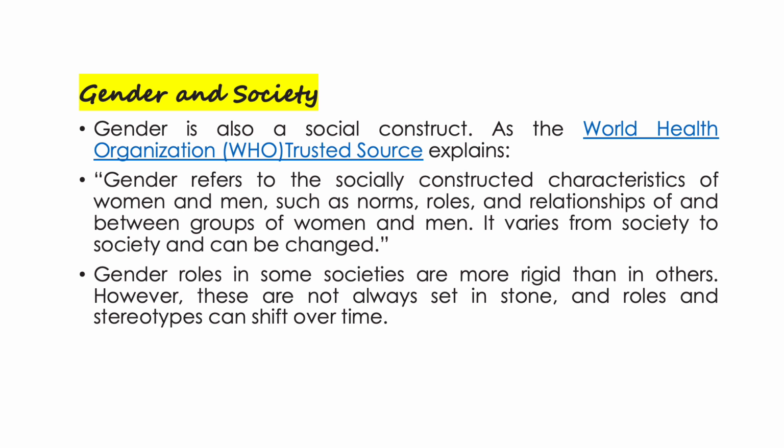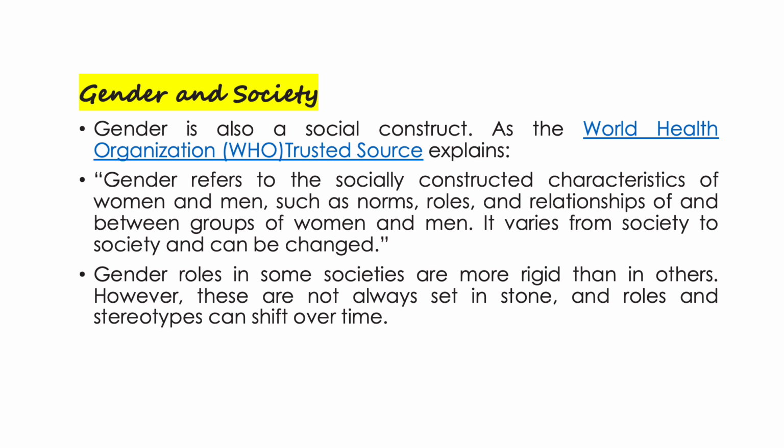Okay, to fully understand the relationship between gender and society, let us first know the definition of gender as the World Health Organization or WHO trusted source explains. Gender is a socially constructed characteristics of women and men, such as norms, roles, and relationships of and between groups of women and men.